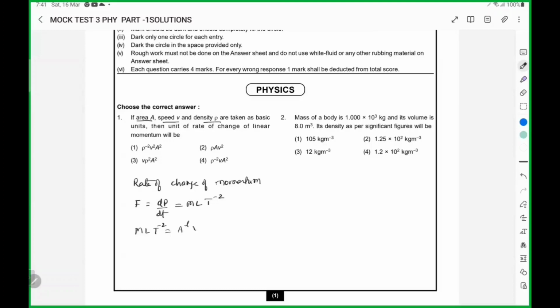A power L, V power M, rho power N. Area is L square, velocity is L T power minus 1, and density is mass per unit volume.